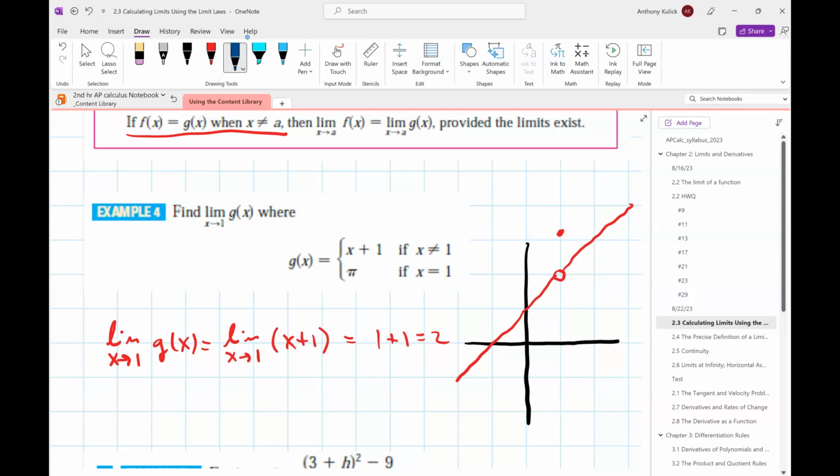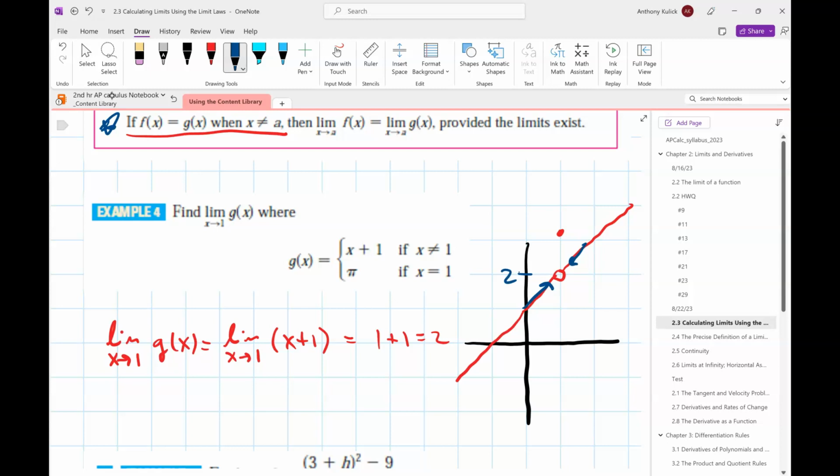If I look at the limit as x approaches 1, we're just heading to the value 2, aren't we? That's exactly what this property says.